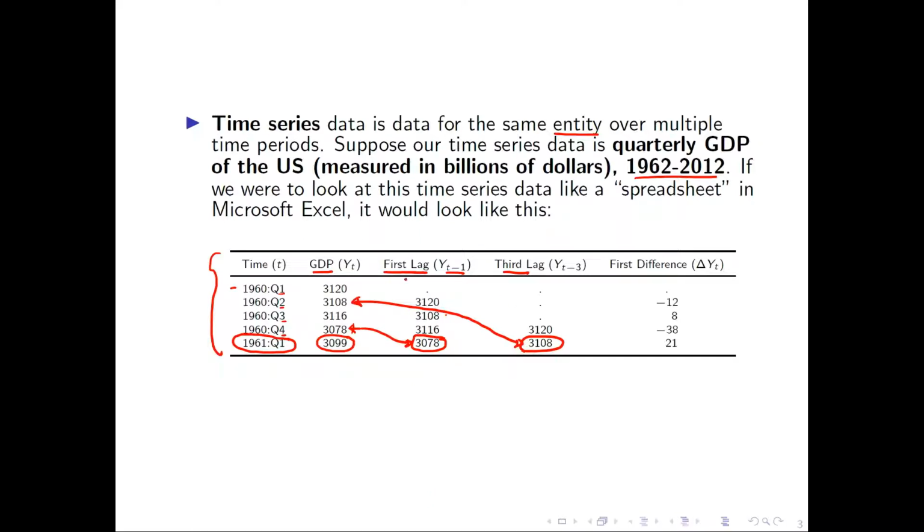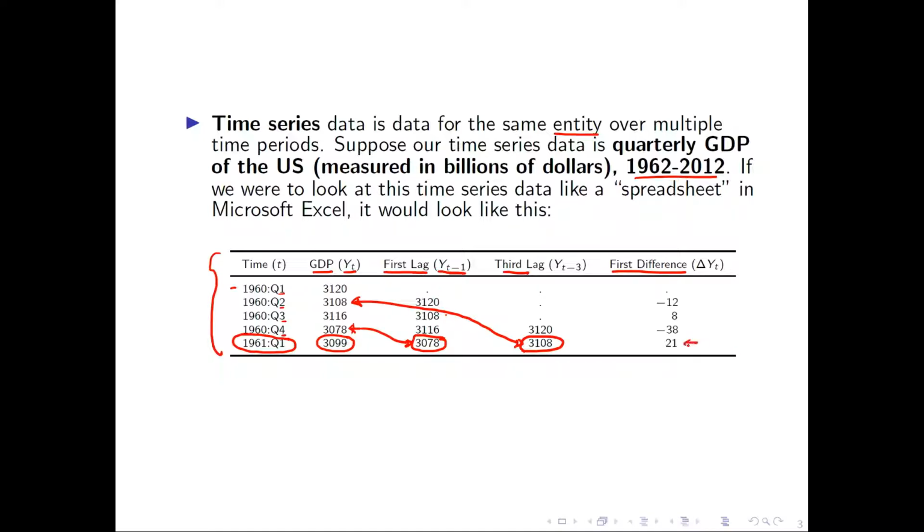So you would often create lagged values, but you would also create differences. This is the first difference. This means that you take the value at time t minus the value at time t minus 1.